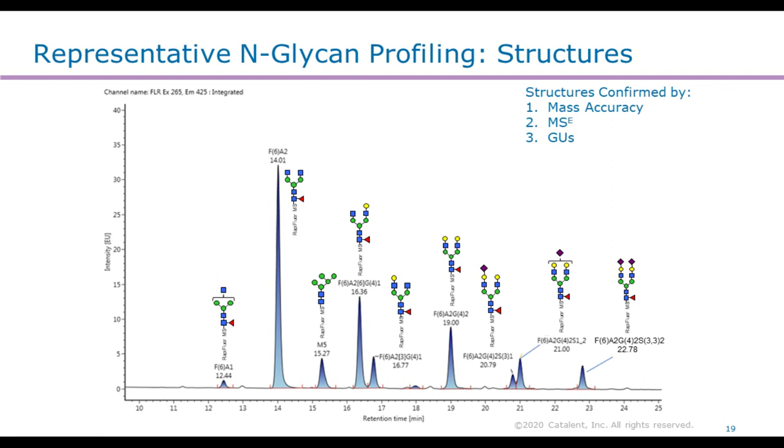So one thing we noticed right away is that the number of structures that we detect in this N-Glycan profiling experiment differ a little bit from the number of N-Glycans that we detected in the glycopeptide mapping results I showed earlier. There's fewer structures.